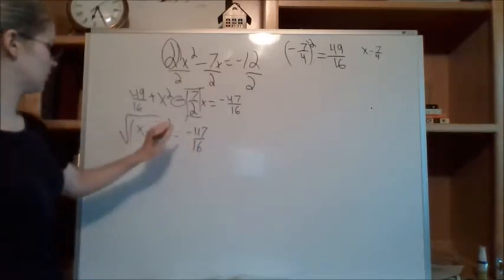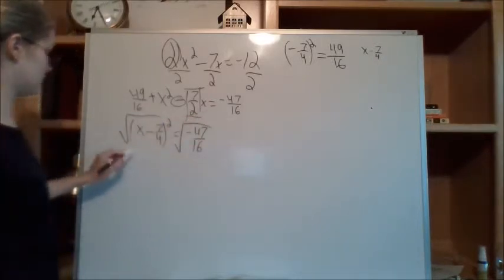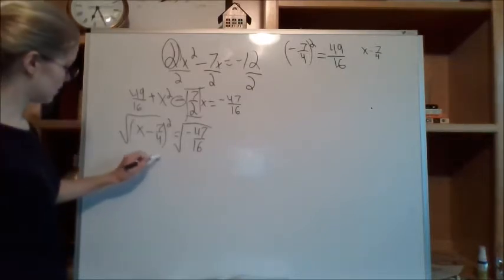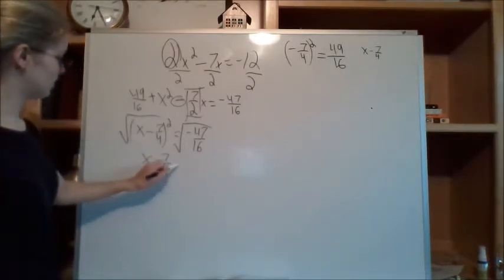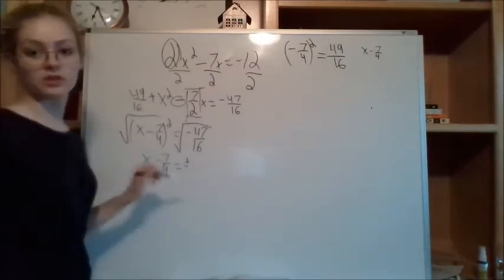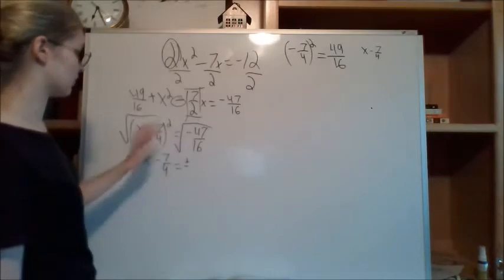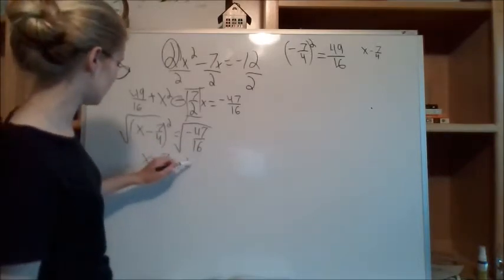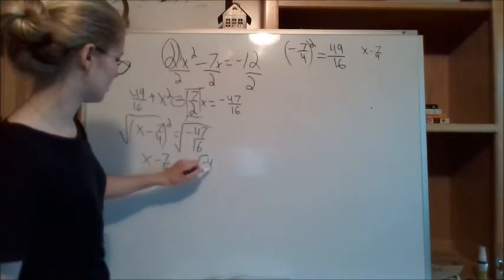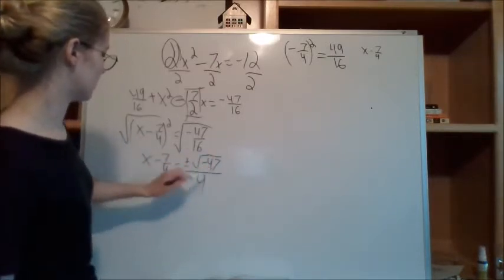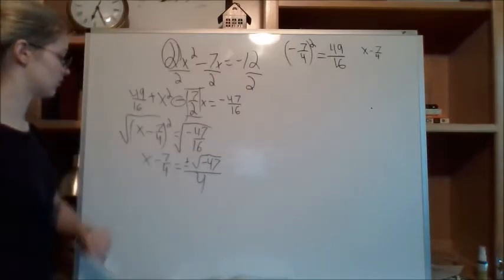We take the square root. We get x minus 7 over 4 equals plus or minus, and we put the plus or minus every time we are the ones taking the square root. And then we get the square root of negative 47 over 4, because the square root of 16 is 4.